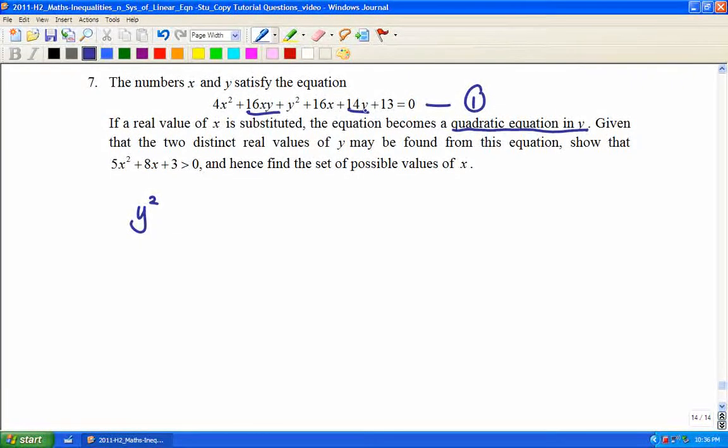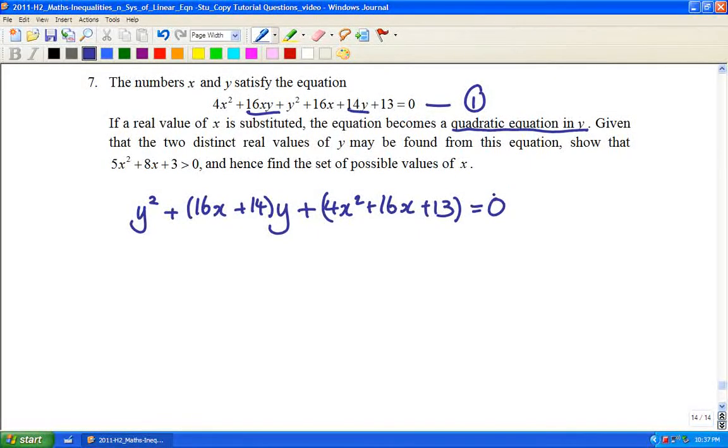We treat x and x squared as constants with respect to y. So we will get plus 16x plus 1, plus 14, multiplied by y, plus our constant, which will be 4x squared plus 16x plus 13.